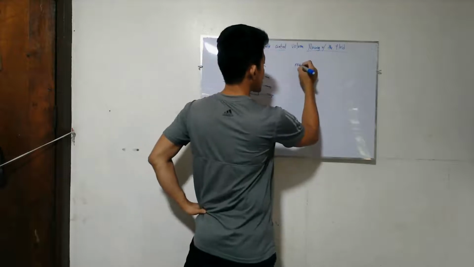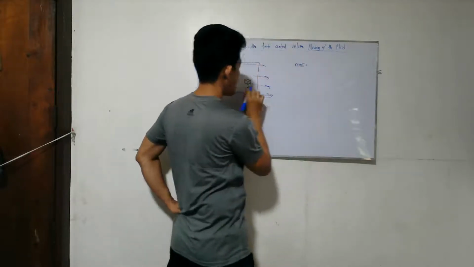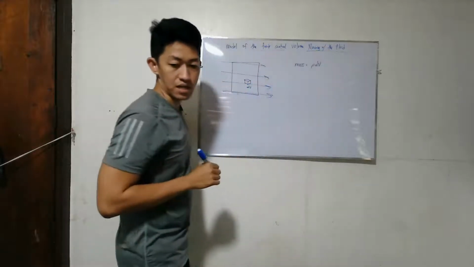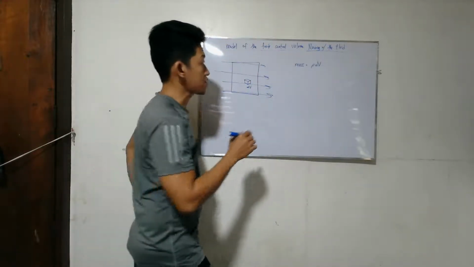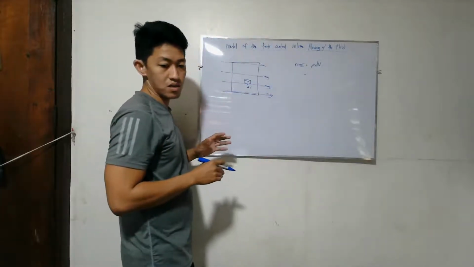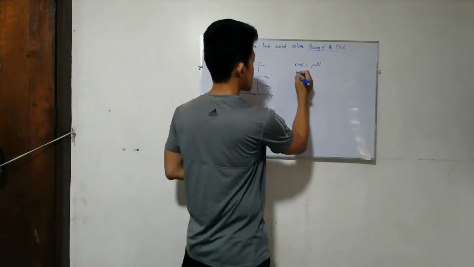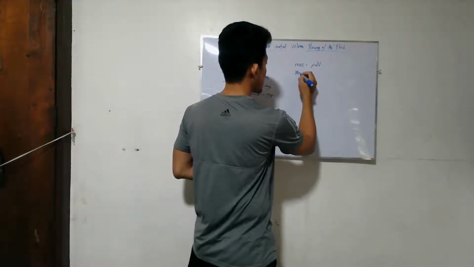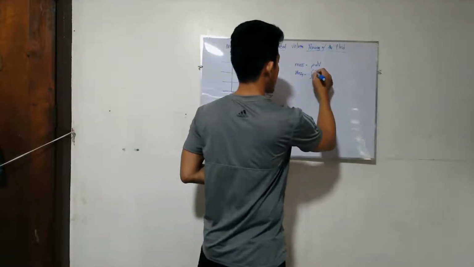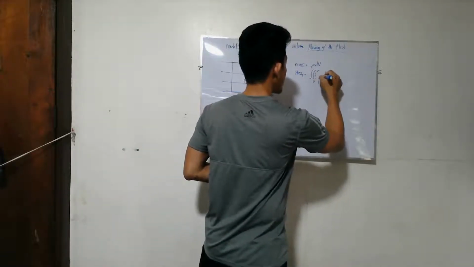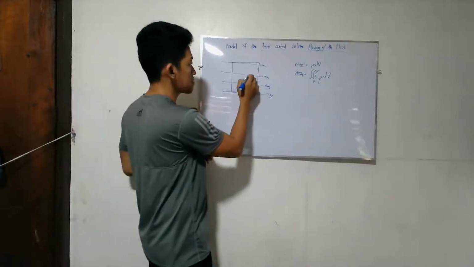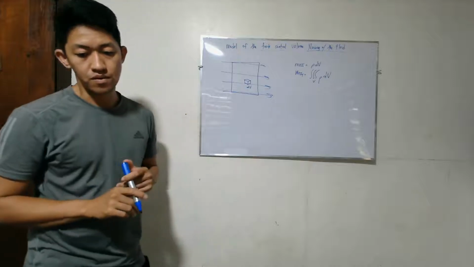As we have noted, the mass of this small volume is just rho dV, right? Therefore, if you want to get the total mass of your volume, you just get the volume integral, or in other words, sum up all these small volumes.